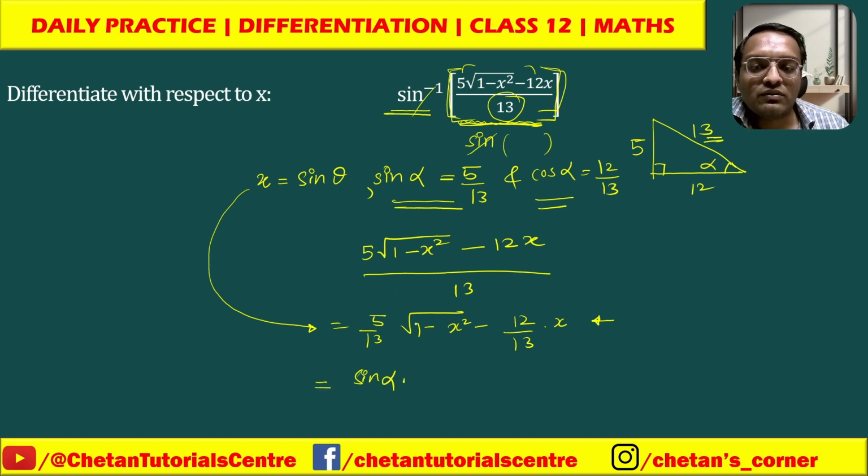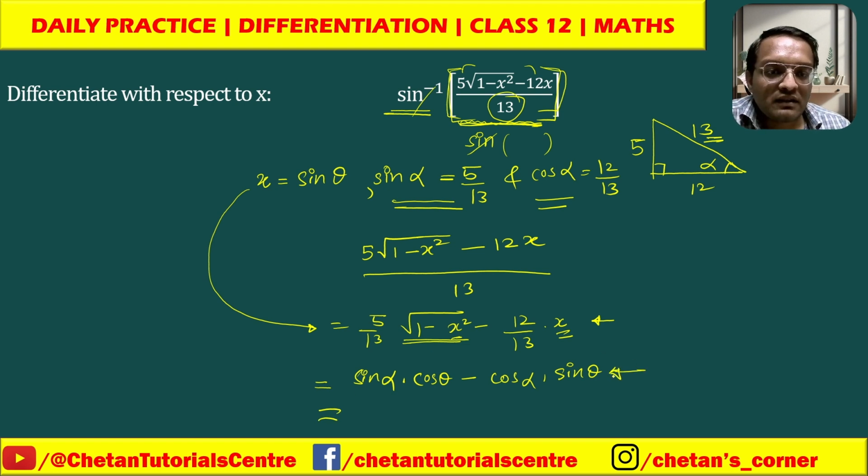Sin alpha into, if I put sin theta in this term, 1 minus sin square theta. Now 1 minus sin square theta is cos square theta, and root of cos square theta gives me cos theta. This minus as it is 12 upon 13. Now this 12 upon 13 is cos alpha, and this x is equal to sin theta.